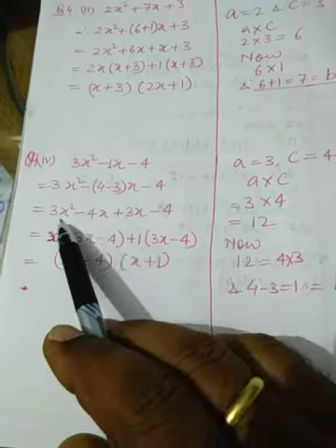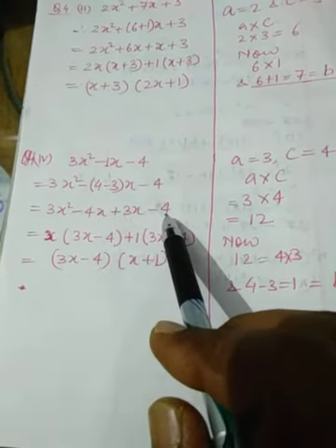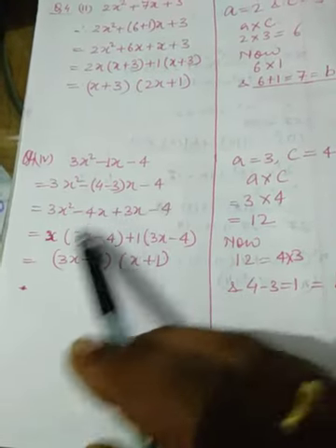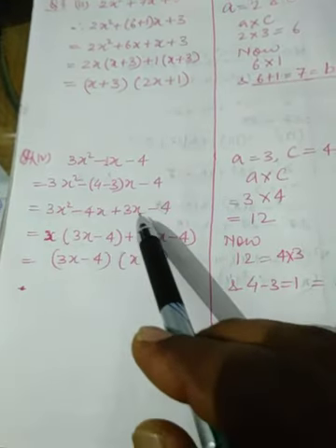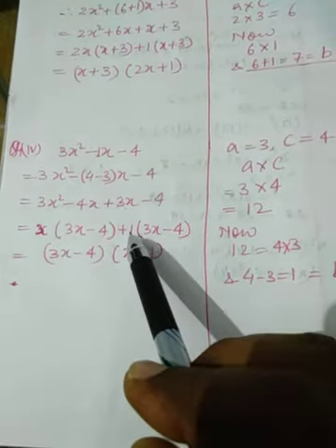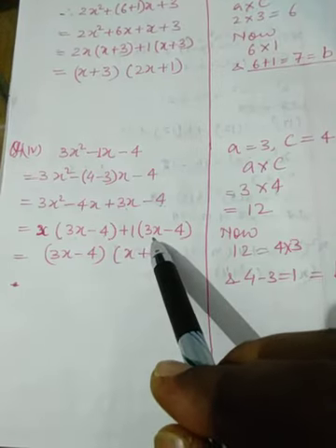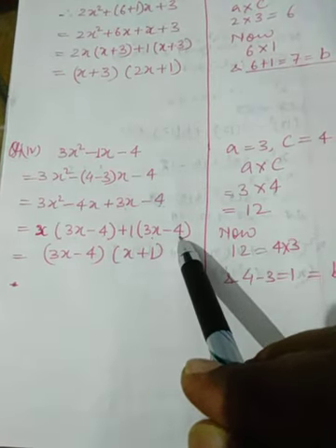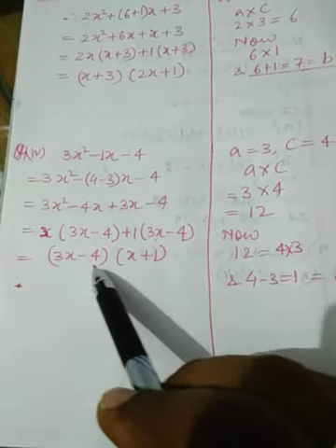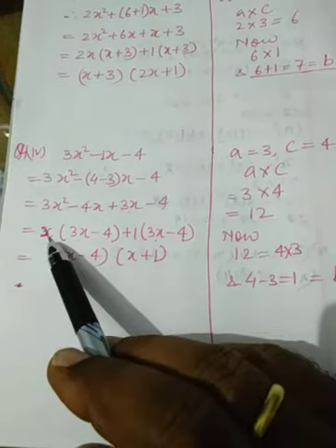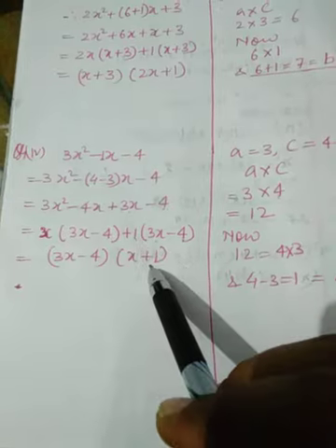Again make the group of first two terms and last two terms. Common between the first two is x, and the remaining terms are 3x minus 4. Again, common between the last two terms is 1, and this is 3x minus 4. Taking 3x minus 4 common, the remaining terms are x and plus 1.